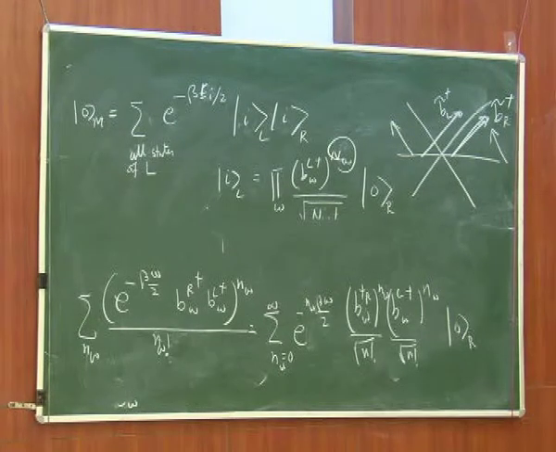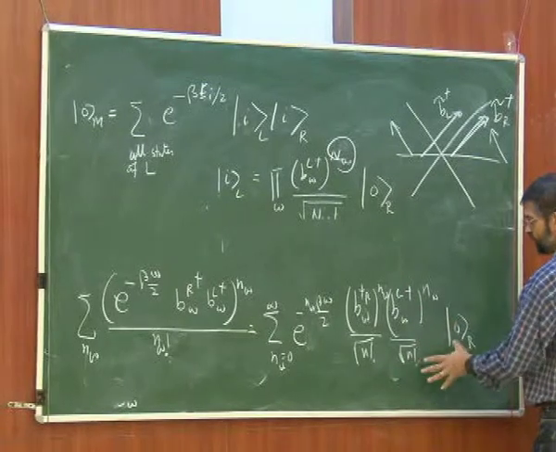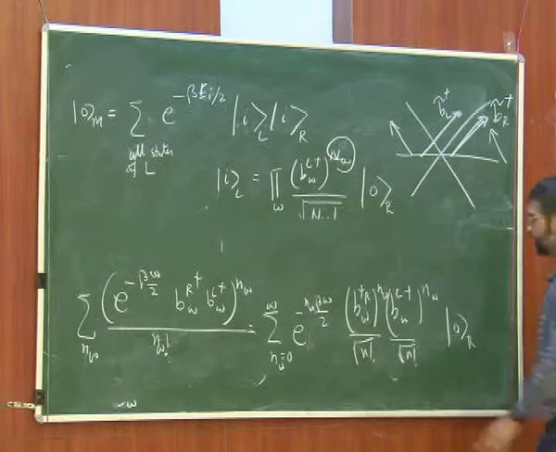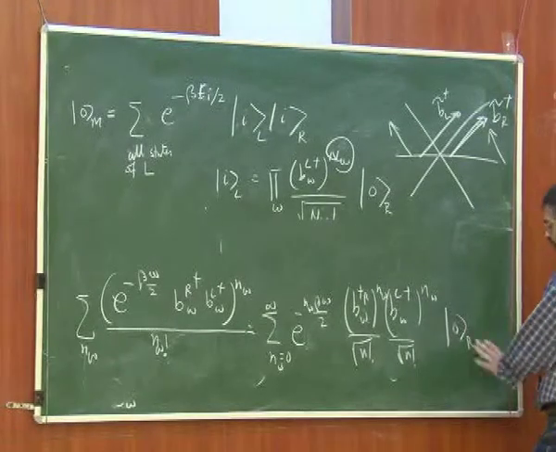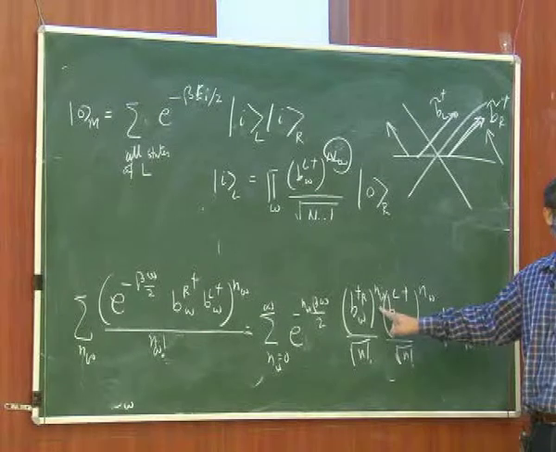What does this do? It excites the BL oscillator in the omega mode, n omega number of them, and the BR oscillator in the Rindler vacuum by exactly the same number n omega again.